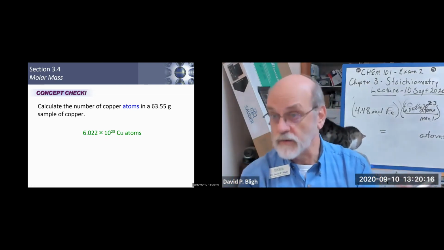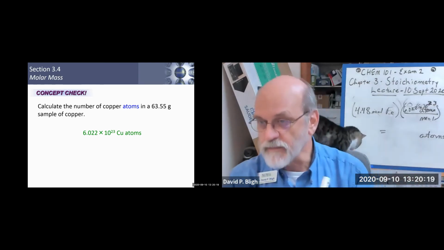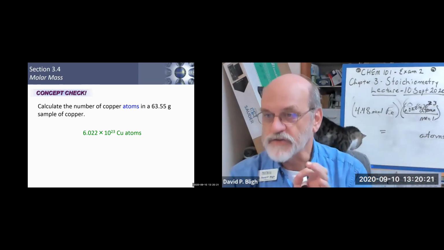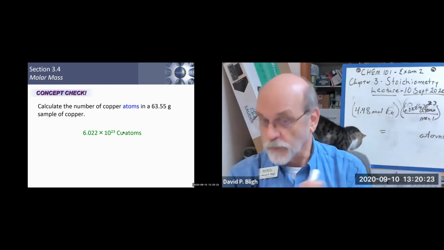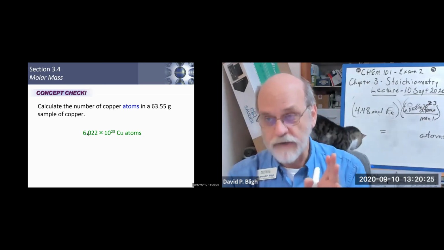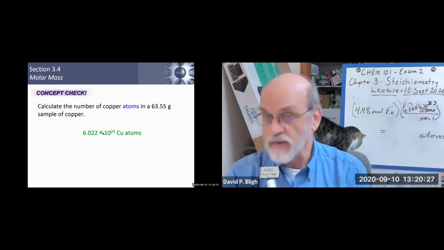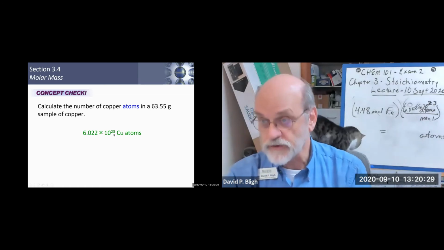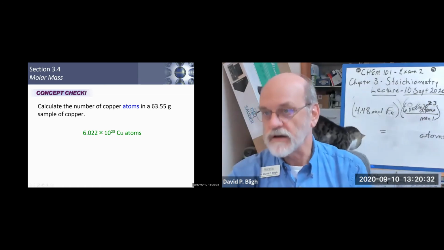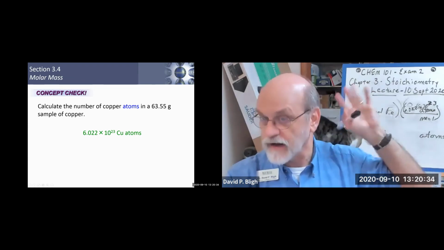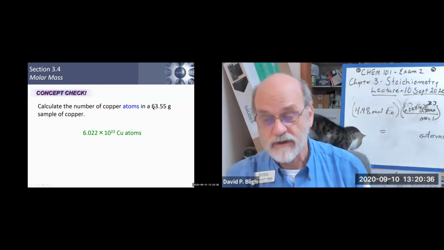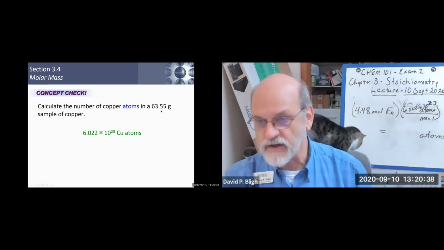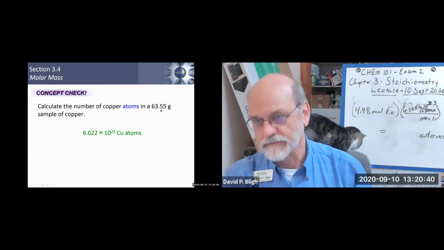The answer is no, because every measurement has uncertainty. You're pretty close, right? And for calculation purposes, you may just have to use it and assume that it's true. But always in the back of your mind, recognize that whenever you make a measurement of this value or any other value, there is uncertainty.